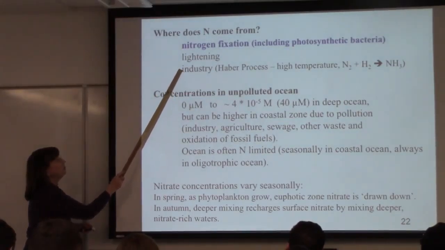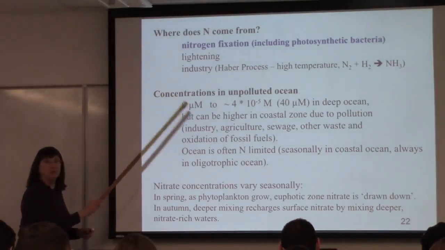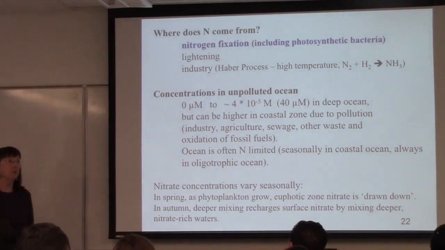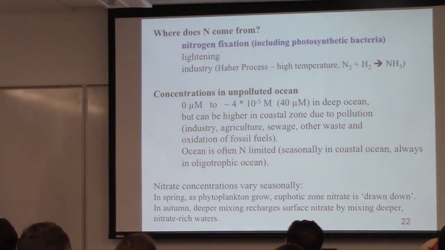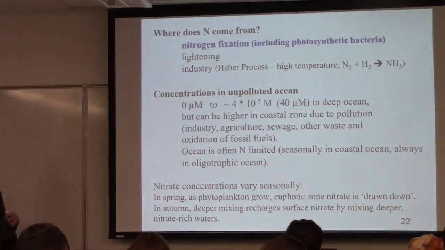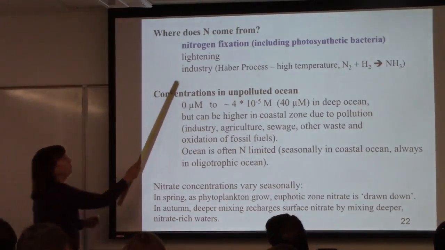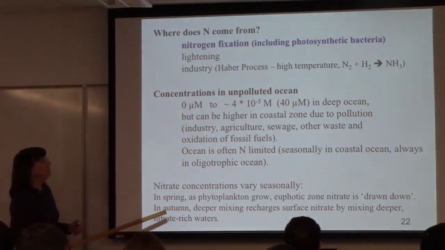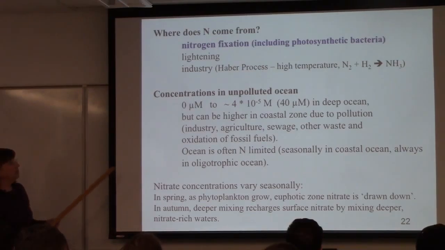And the industrial component is now equal to the biological and the atmospheric component in terms of the generation. So we have doubled the input of nitrogen into the ecosystem through this industrial process called the Haber process, which also takes a lot of energy.